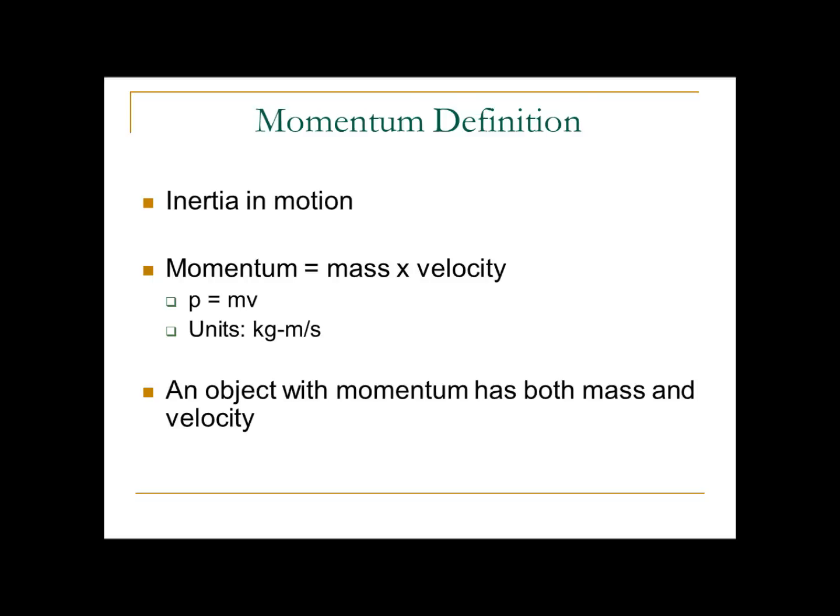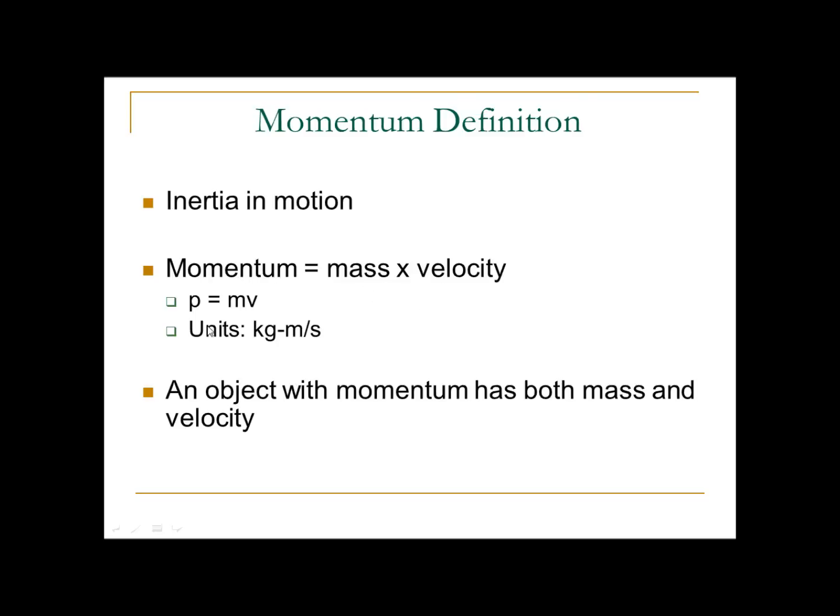Inertia, again, is not a force. It's just a property of matter. So momentum has to take into account mass and velocity. So the more massive it is, the more momentum it has, and the more velocity it has, the more momentum it has.